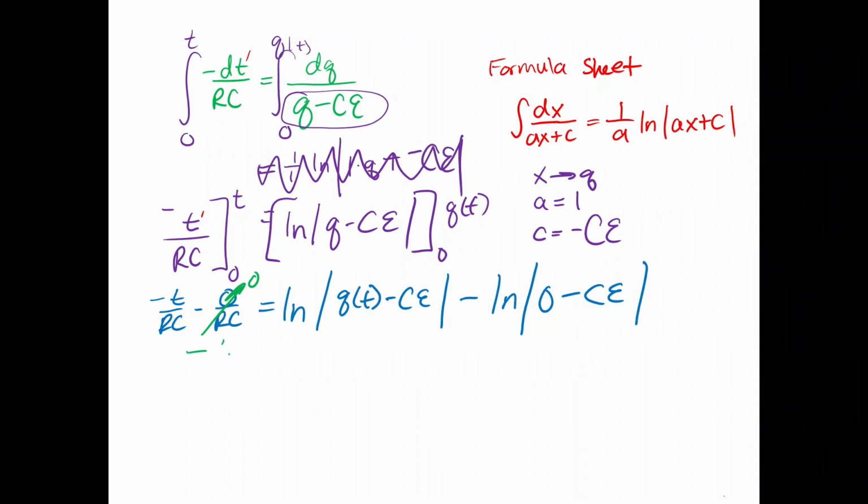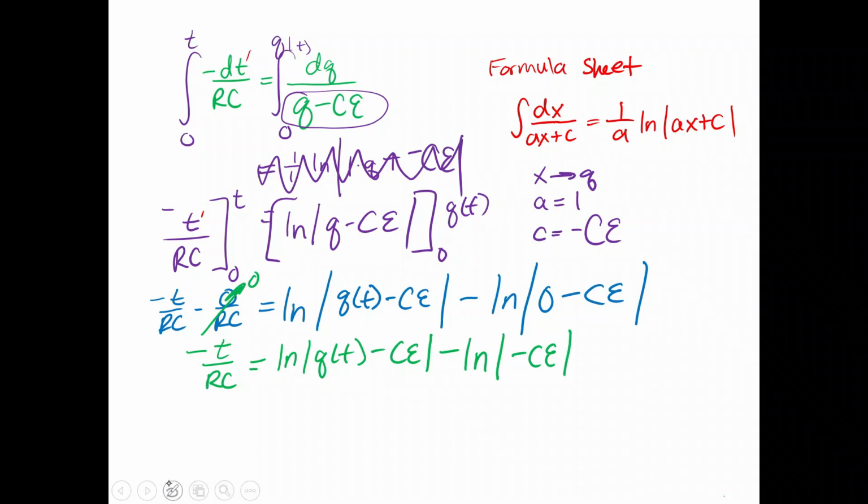So on the left, we get negative t over RC. And on the right, we actually get ln of q of t minus CE minus the natural log of negative CE. Another thing that you need to avoid, do not take the absolute value to get rid of the negative. Don't do it. We need that negative there later on.